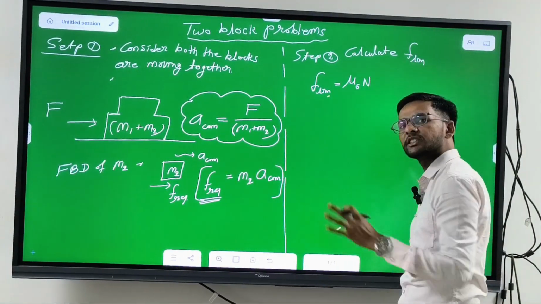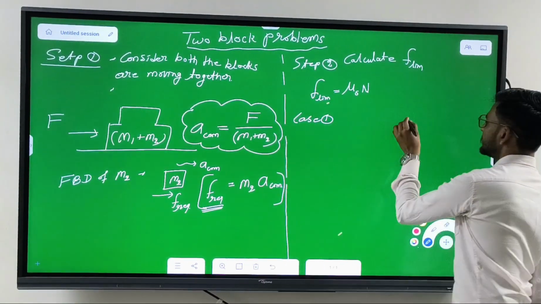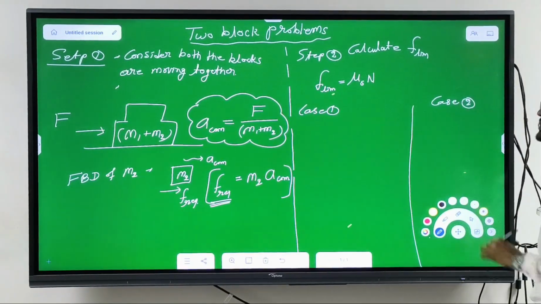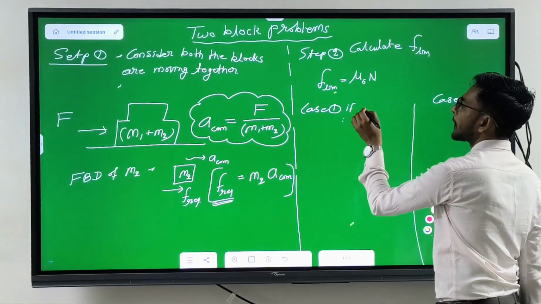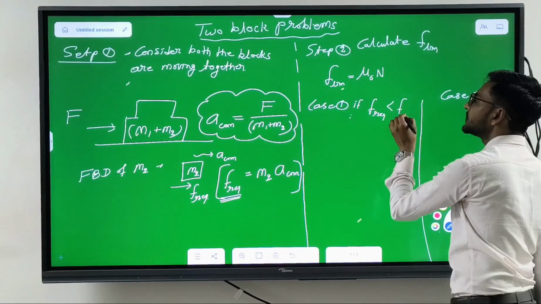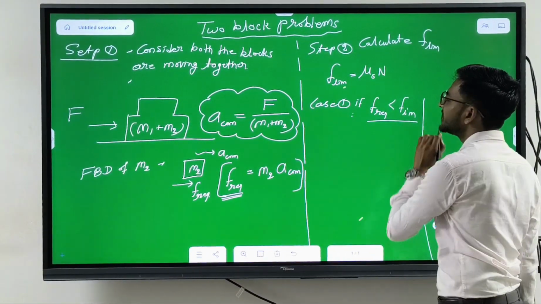So there are two cases over here, case 1 and case 2. The first case is if the required friction is less than the limiting friction.